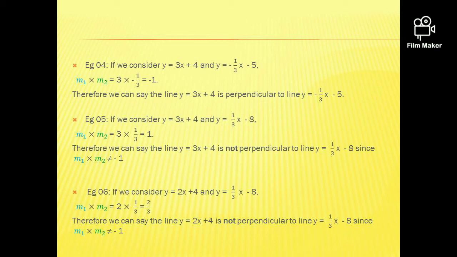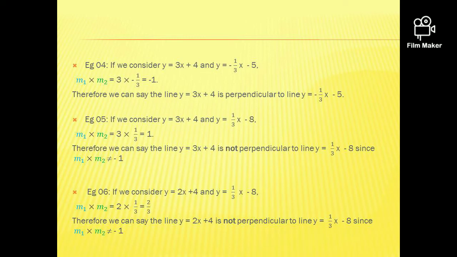In example 5, the two lines are y equals 3x plus 4 and y equals 1 over 3x minus 8. If you multiply the gradients, 3 multiplied by 1 over 3, it's 1. This is 1, but remember that this is not minus 1. If it is not minus 1, we cannot say those two lines are perpendicular to each other.